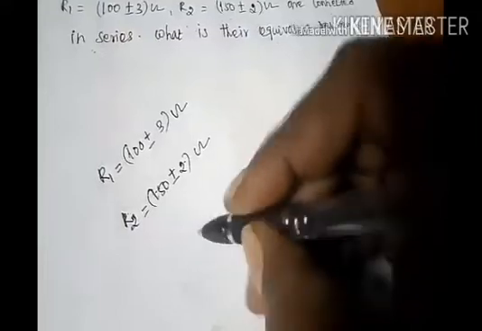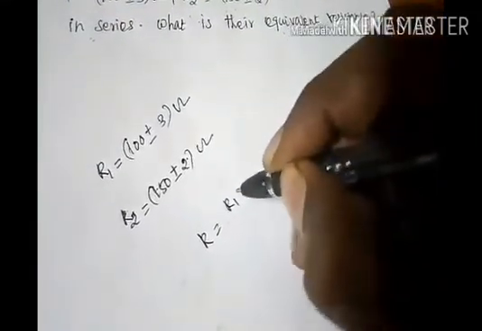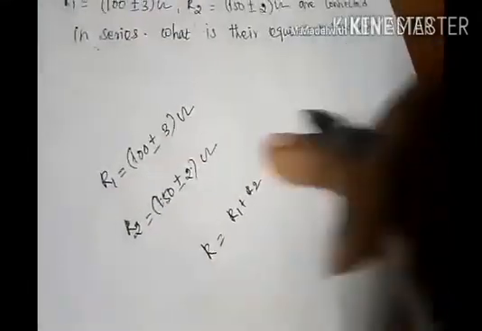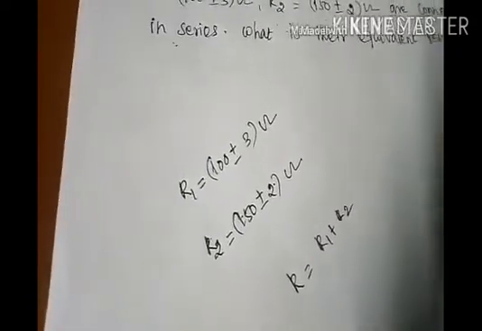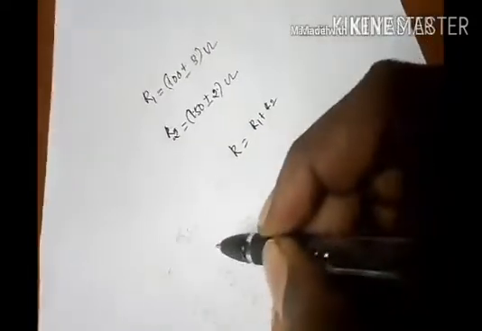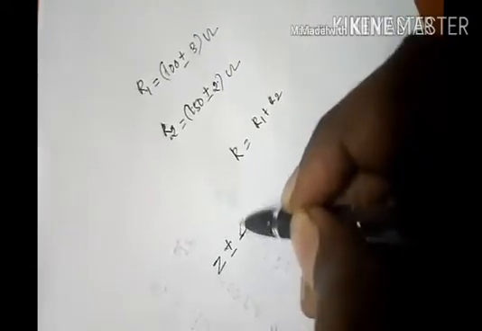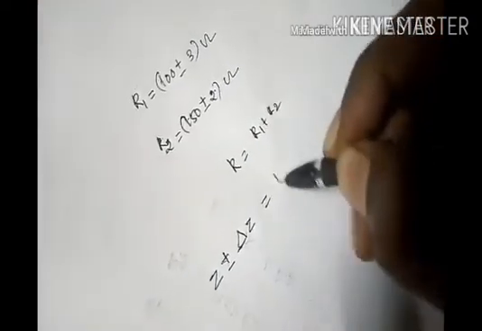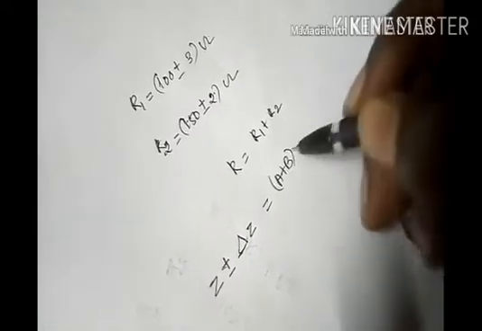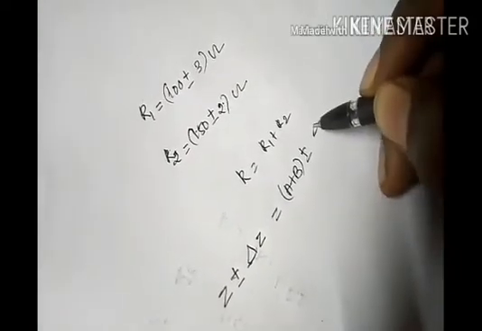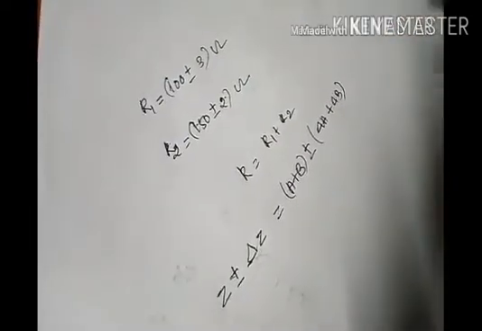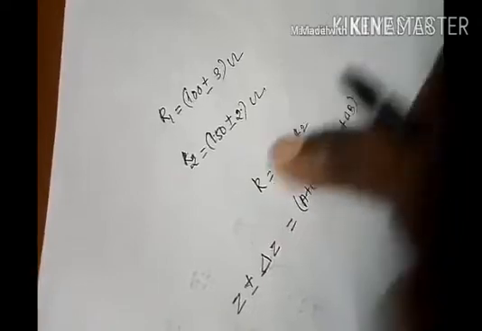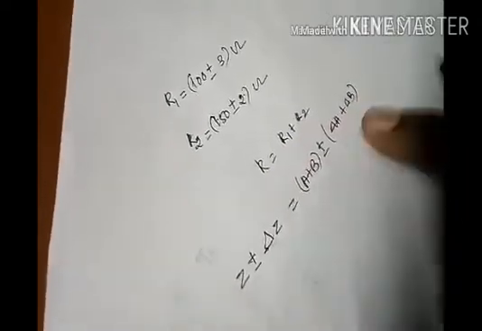So the series formula of resistance is R equal to R1 plus R2. This is the general formula. Now here you have to use the formula for error in addition of two quantities. So you can use this formula: Z plus or minus delta Z equal to A plus B plus or minus delta A plus delta B. Okay, so the equivalent resistance R can be calculated using this formula.